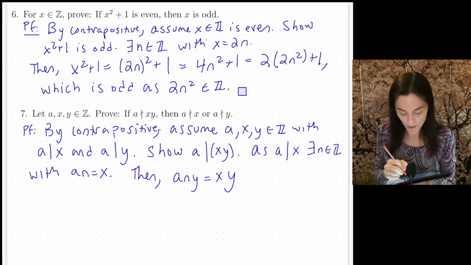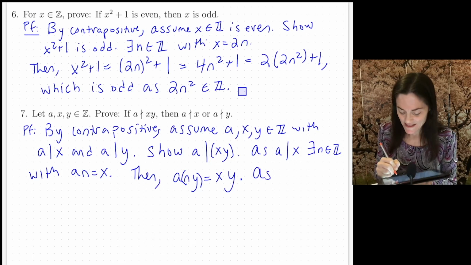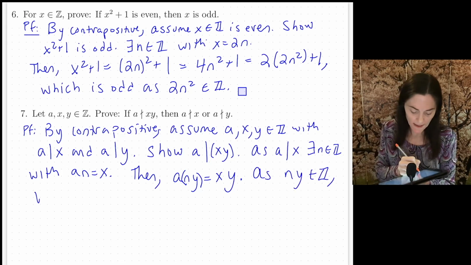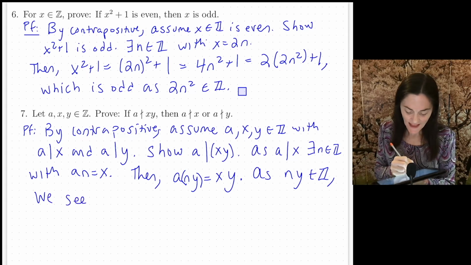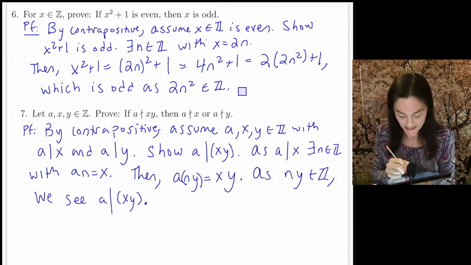And I can group like this here as ny is an integer. We see that a divides this product. This is the end of number 7.